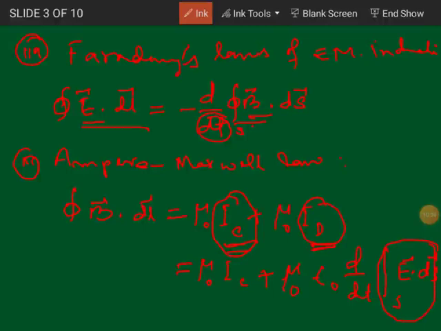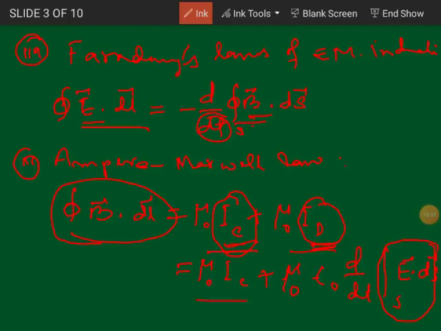Ampere's Maxwell law. This law states that the line integral of the magnetic field around any closed path is related to the conduction current and the displacement current. This law predicts that the magnetic field can be produced by a conduction current as well as by the displacement current.